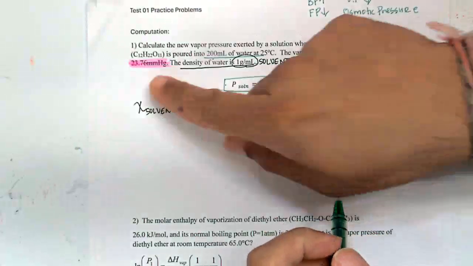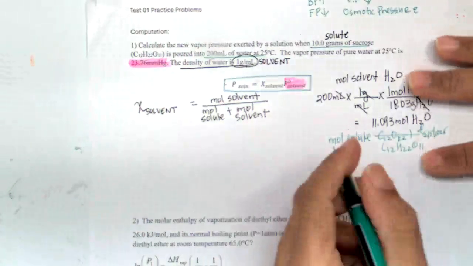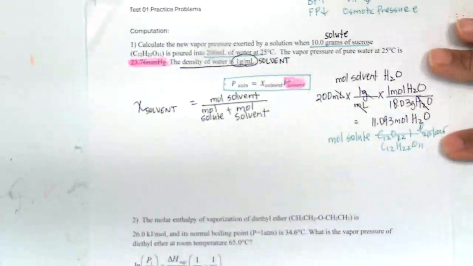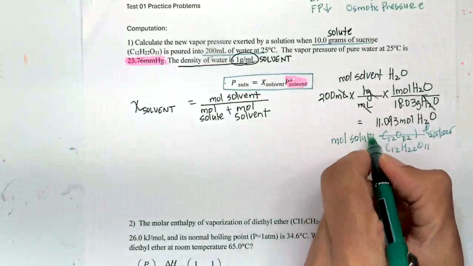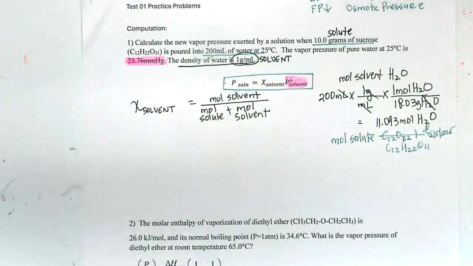So we have 10 grams of C12H22O11. Let's go ahead and convert it to moles using the molecular weight given to us in the problem.